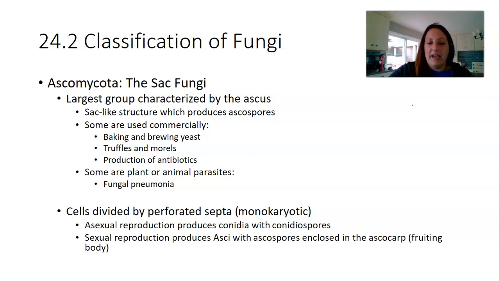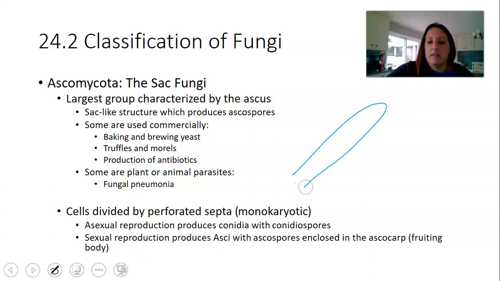because of a structure that they produce called the ascus. I'll kind of draw that for you. The structure looks like this, and it's got 8... 1, 2, 3, 4. I can't do it. Drawing on here is hard. Whatever. It's got 8 spores. I'll show you on the next slide.